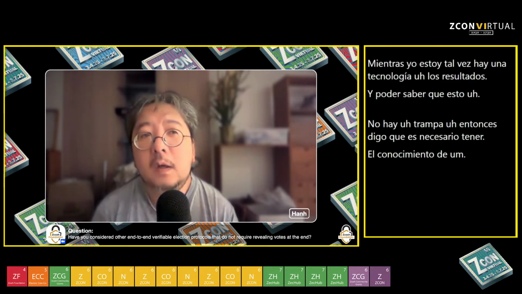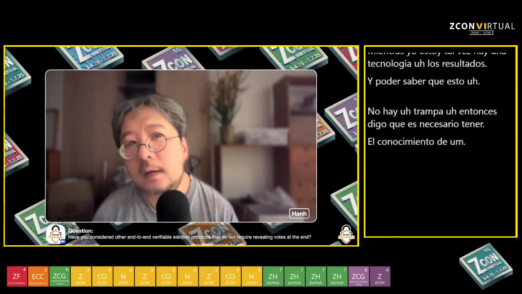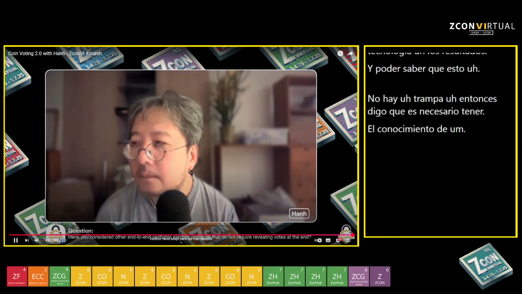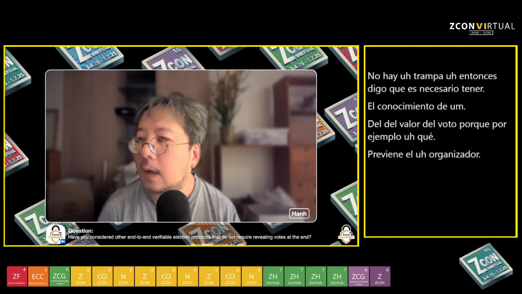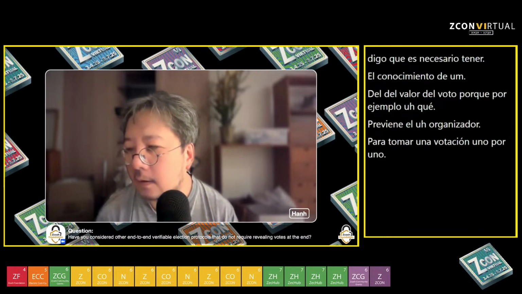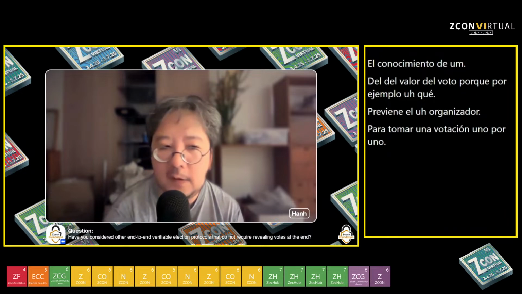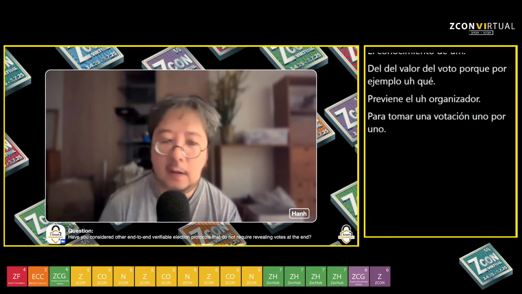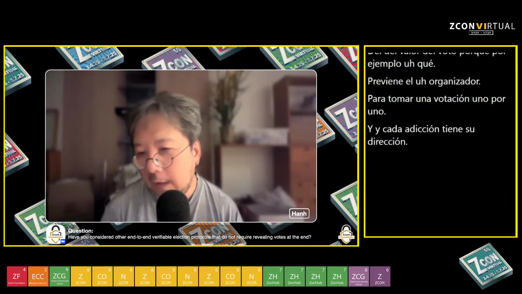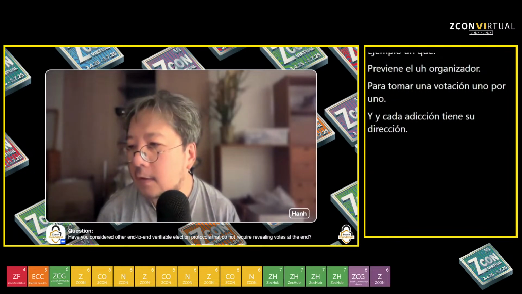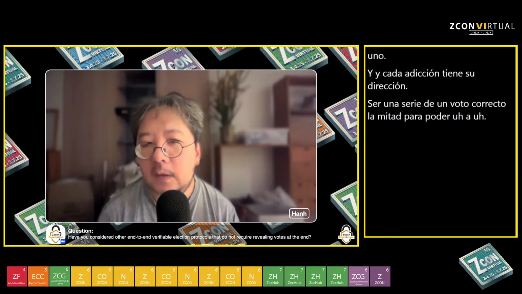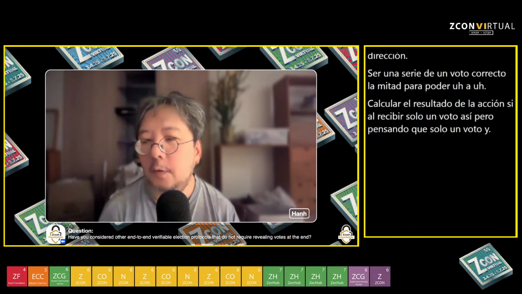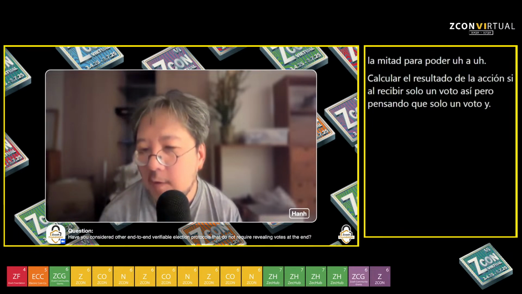For example, what prevents the organizer from taking votes one by one and considering each election to be a series of sub-elections of one vote, right? They have to be able to compute the result of the election if they receive only one vote. So by taking that one vote and discarding everything else, they should be able to know who's the winner. That means they're able to somehow decode the vote.